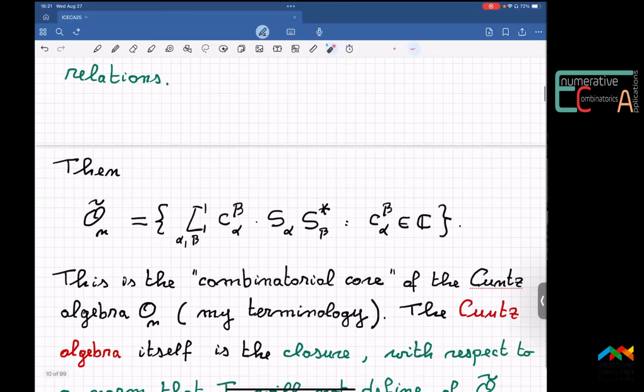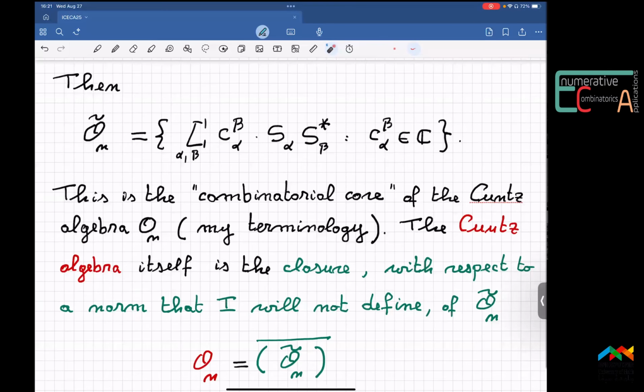So O_n tilde will have this form. It will be a finite sum over some set of compositions, of some complex number c_alpha,beta times S_alpha S_beta star. I'll call this the combinatorial core of the Cuntz algebra.